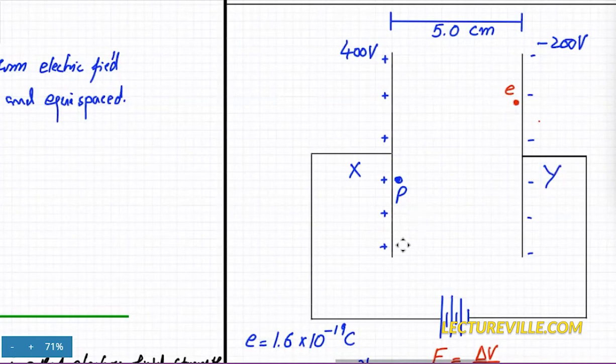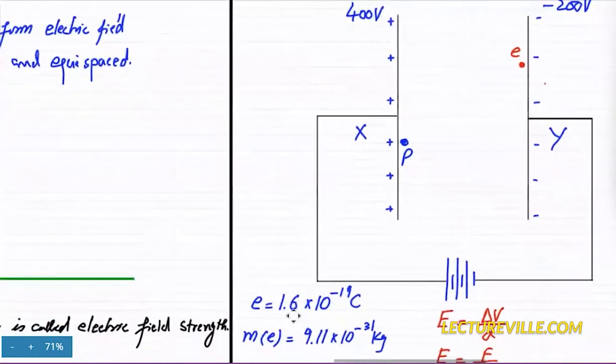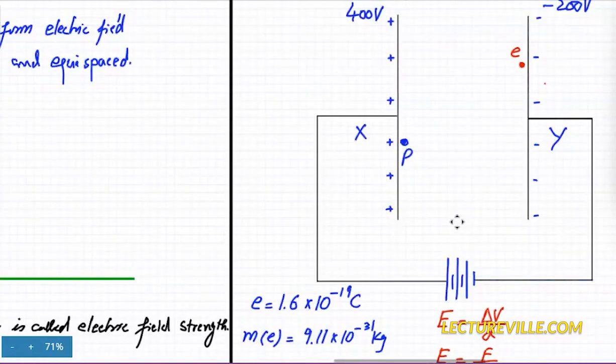Now, if we know the force acting on an electron and we also know the mass of the electron, can we find the acceleration with which the electron will move towards the other plate? And what formula can we use for that? Do you know the famous formula that connects force, mass, and acceleration?